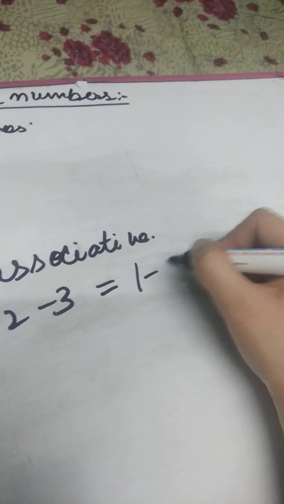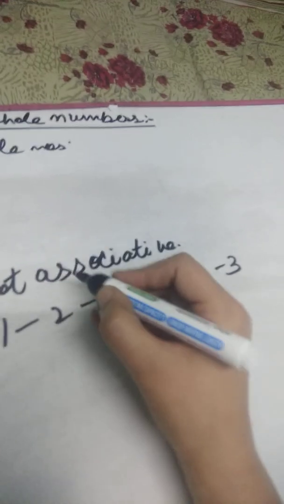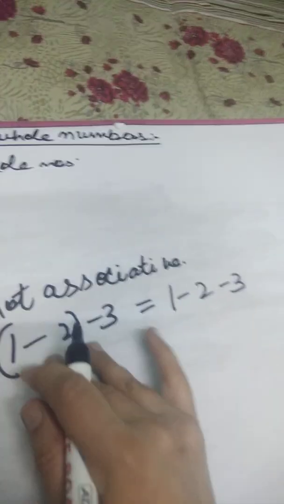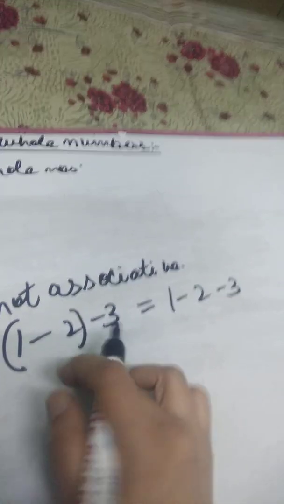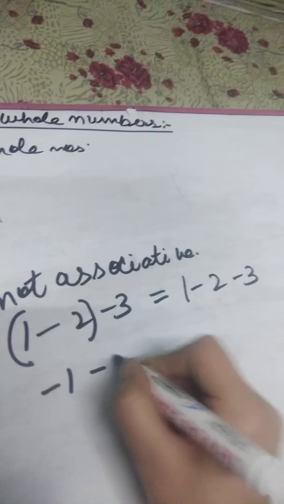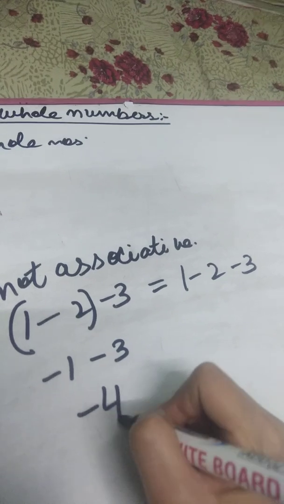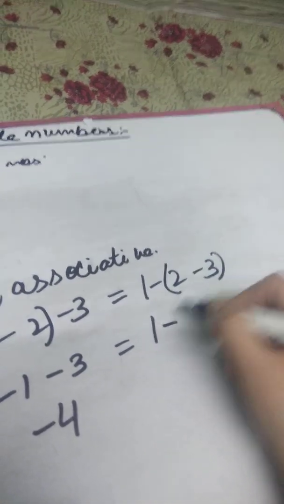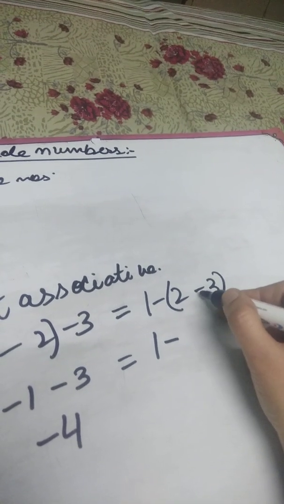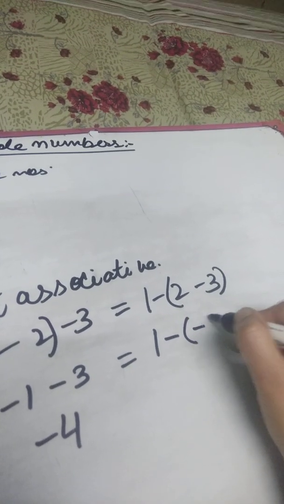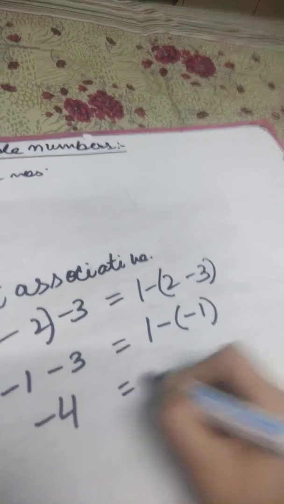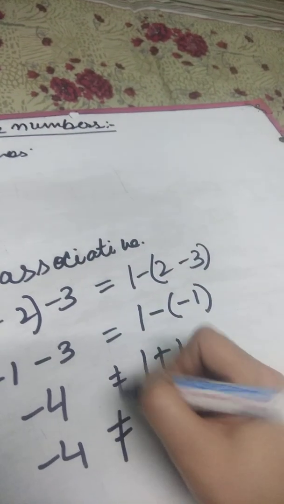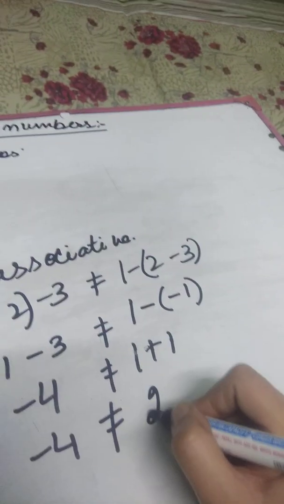I subtract the first two numbers first. 1 minus 2 is minus 1, minus 3 gives minus 4. And here when you do it with the last numbers, we get 1 minus, now when you subtract 2 minus 3, you get minus 1. So in this case we get 1 plus 1, that is 2.